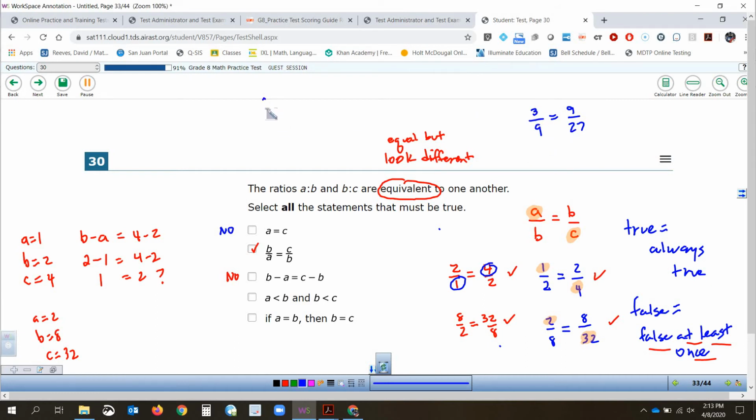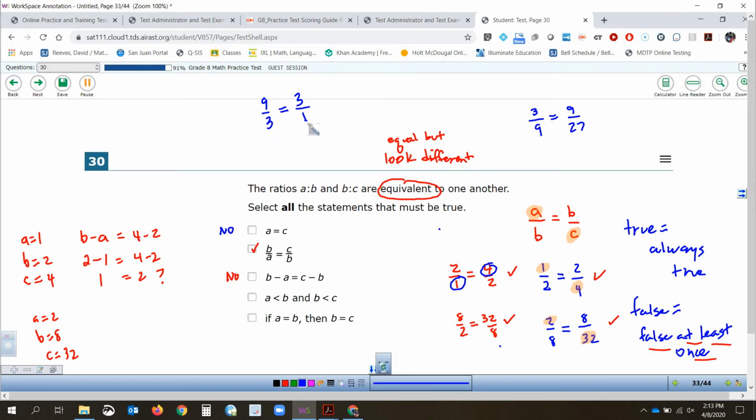What about if I did 9 over 3 equals 3 over, well, 9 over 3 is 3, so this would have to be 1. Does that work? 9 over 3 equals 3 over 1? Is that true? What's 9 divided by 3? It's 3. So this one works, doesn't it? All right, it makes this true.